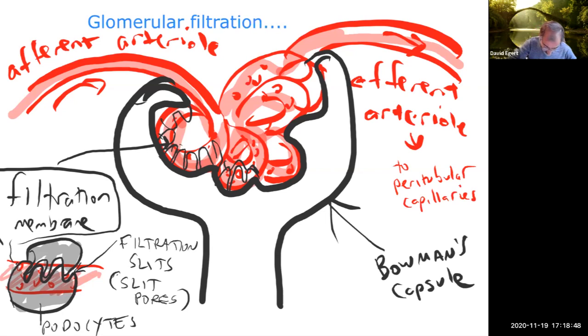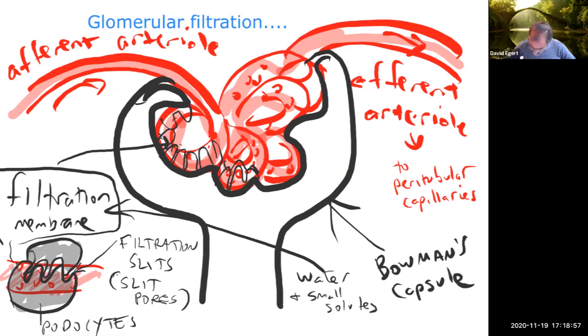So again, water and small solutes. Basically 3 microns. Anything smaller than this can go through. As you get into larger, it gets a little more complicated because charge comes into it as well. But basically, by the time you get to 7 to 9 microns, everything is blocked.